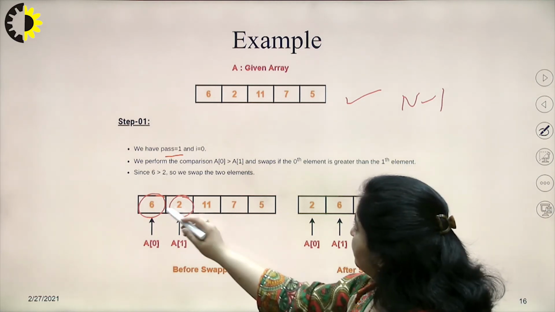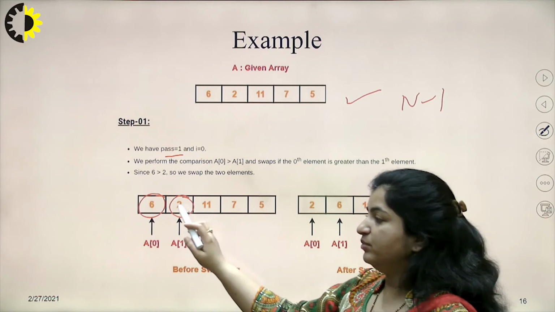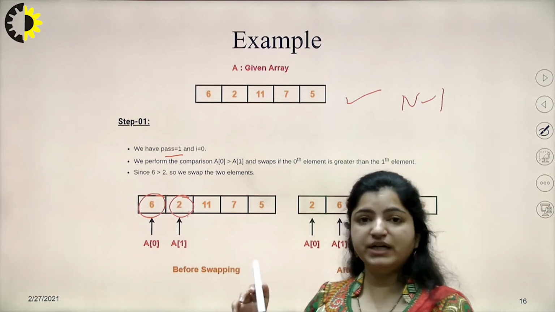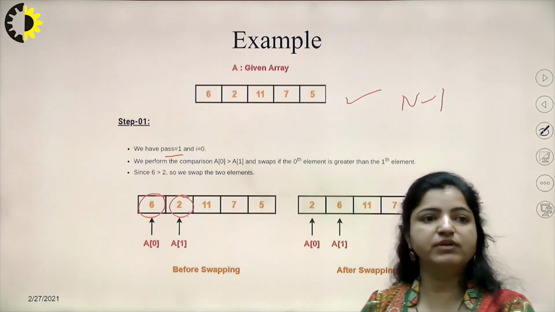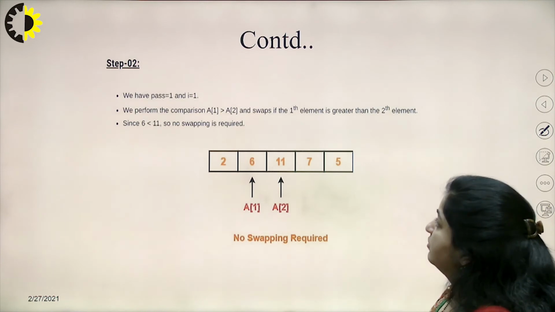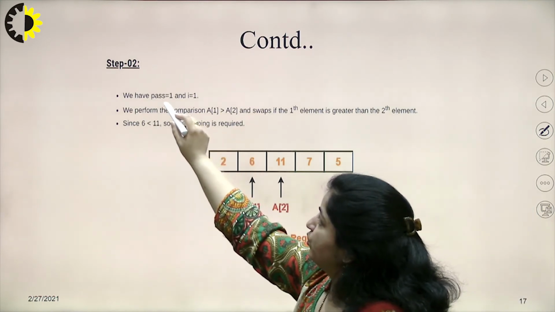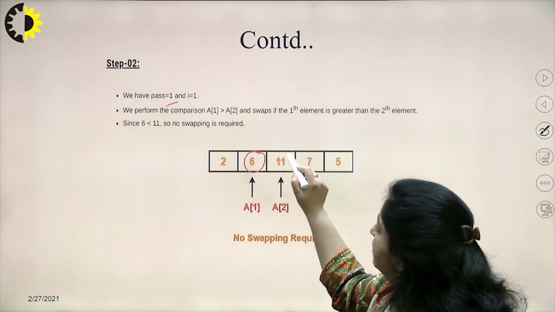Fine. So this was my actual array. I have compared the first value with the second value, and because the first value was greater, I performed the swapping here and got this particular array in the very first step. Then in the second step, in pass 1, here again we will move on to 6 and 11.